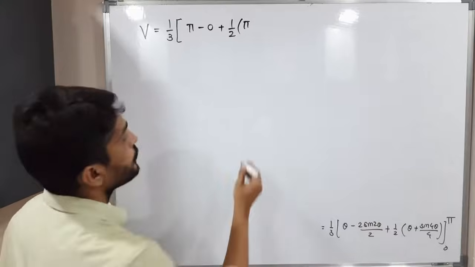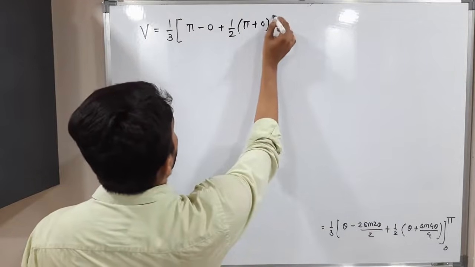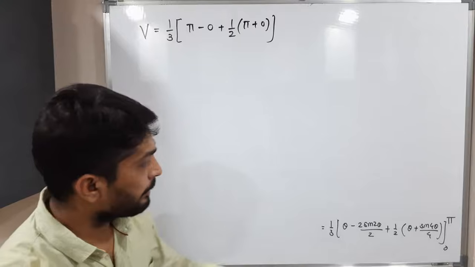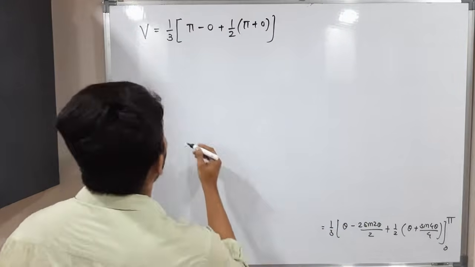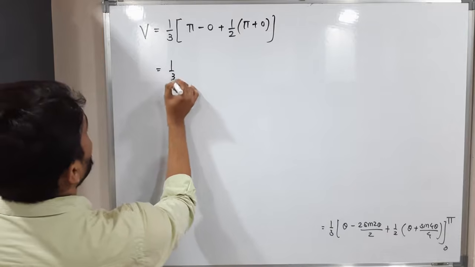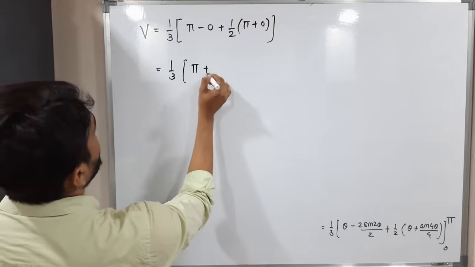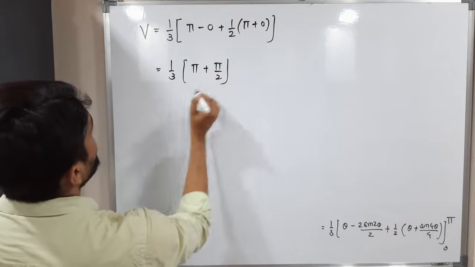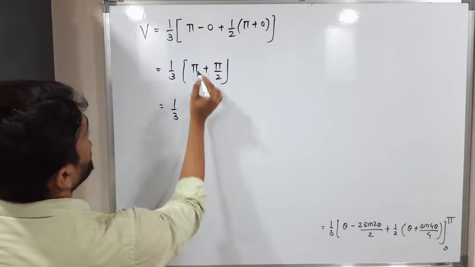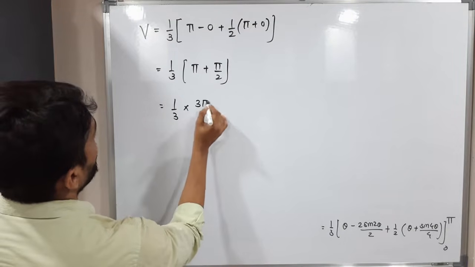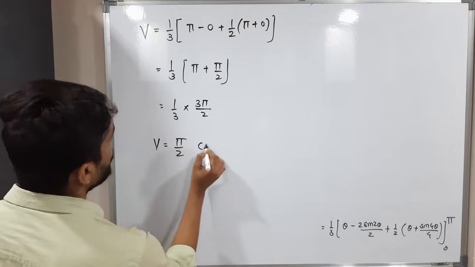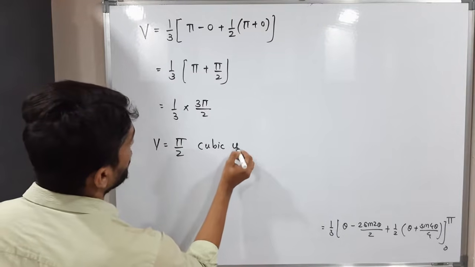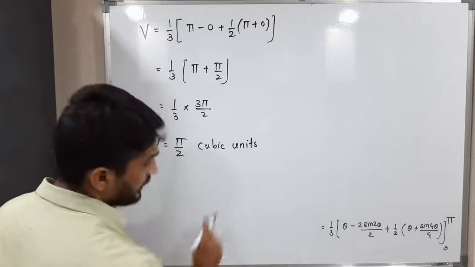Next, if I put 0, sine 0 is 0, so forget about the lower limit. So 1 by 3 we will have pi plus pi by 2. If you cross multiply, 3 pi by 2, 3 will get cancelled. V is equal to simply pi by 2. I should mention cubic units, since this is a volume.